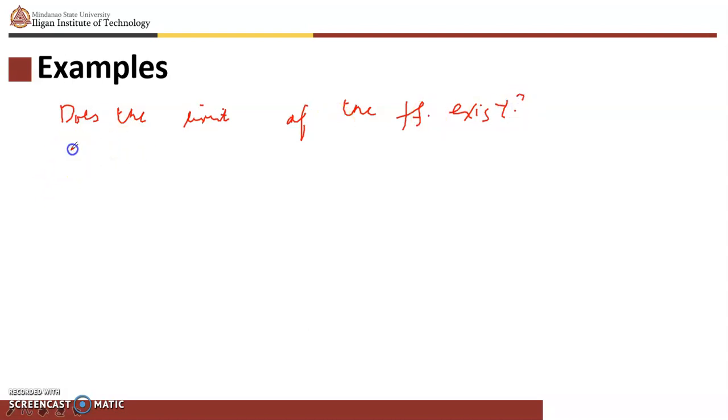So you have the limit of x minus 1 all over the absolute value of x minus 1 as x approaches 1. Okay?